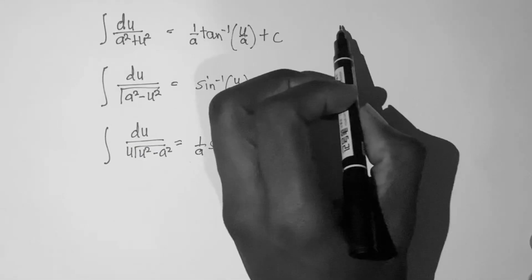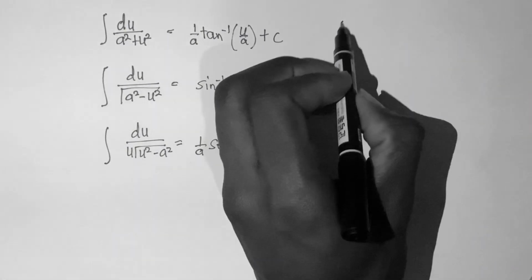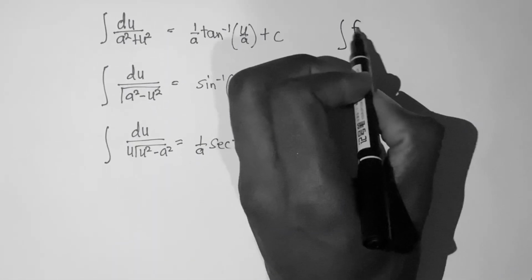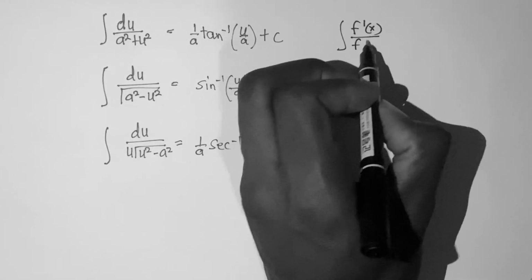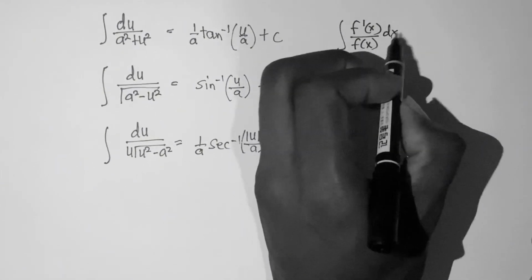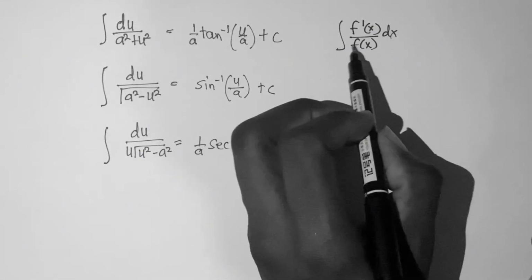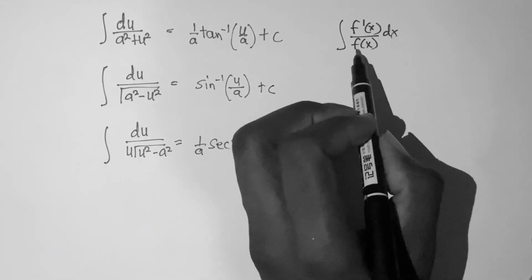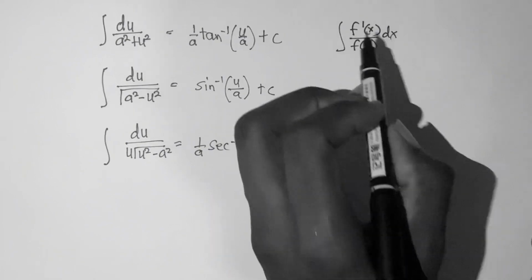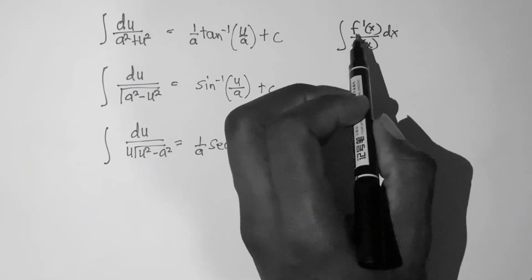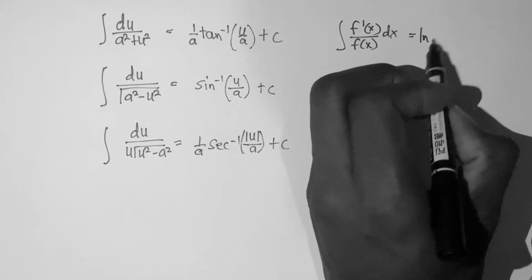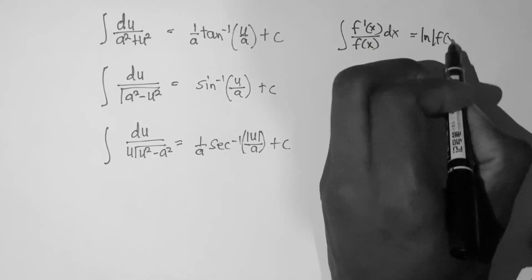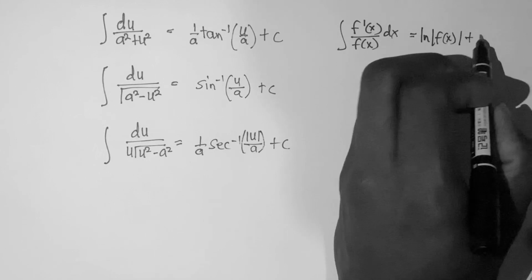Remember that we have already said that if, for example, you integrate a function like f prime of x divided by f of x dx, what we said is that if you have a rational function such that if you differentiate the denominator and you get the numerator, then the integral is equal to the natural log of the absolute value of the denominator, plus c.